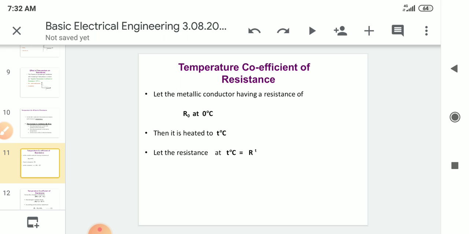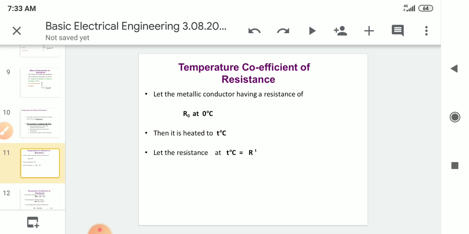Here, for the metals we are considering, we take a positive temperature coefficient of resistance. First see the initial conditions. The resistance at the initial, normal condition we call R naught, at 0 degrees centigrade.